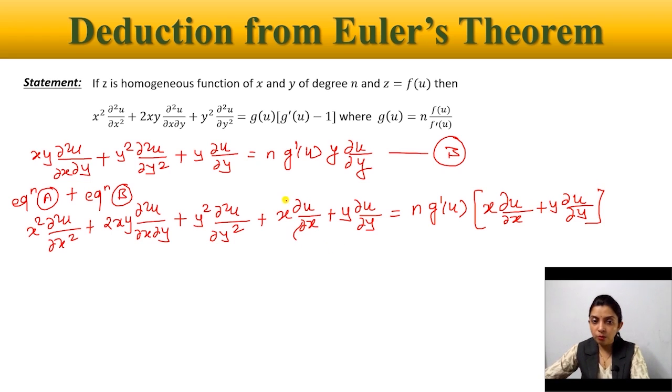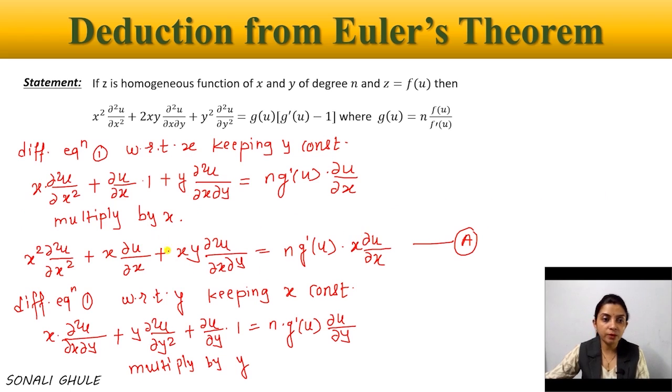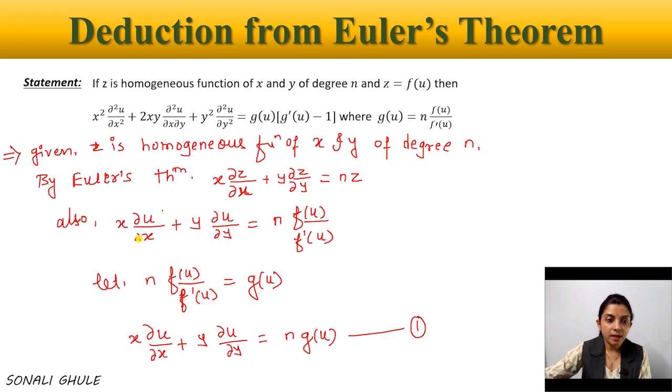But we all know the value of x ∂u/∂x plus y ∂u/∂y. You can check, it is equal to n into f(u) upon f'(u). But for this we have taken a substitution g(u). So according to this, I can write x ∂u/∂x plus y ∂u/∂y is equal to g(u), right?